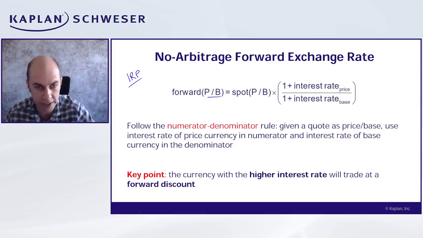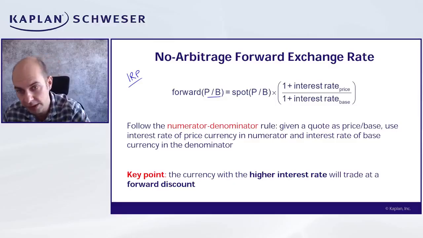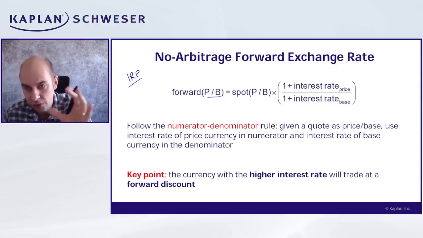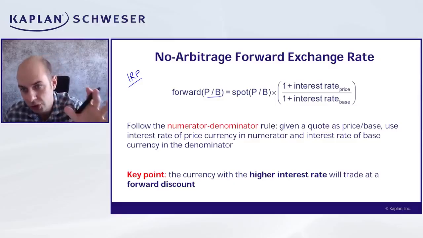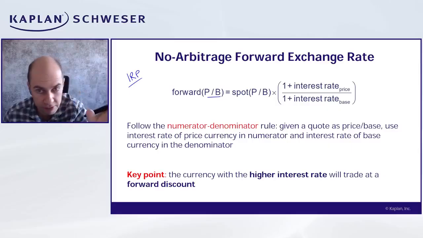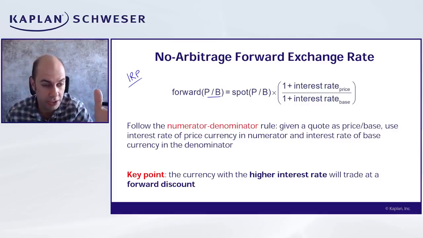Numerator over denominator. The forward price will be given by the spot price and by the two interest rates. And here we're just going to follow the simple logic that we put the interest rate associated with the price currency in the numerator and the interest rate associated with the base currency in the denominator. So you can't really get confused here.